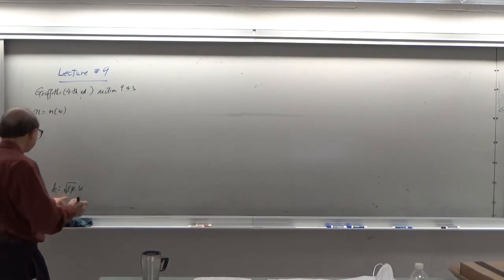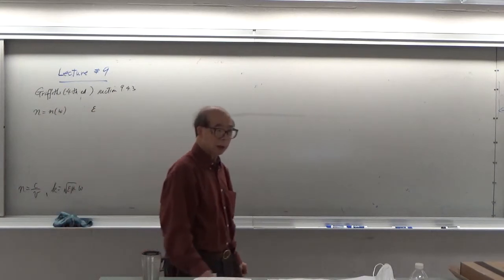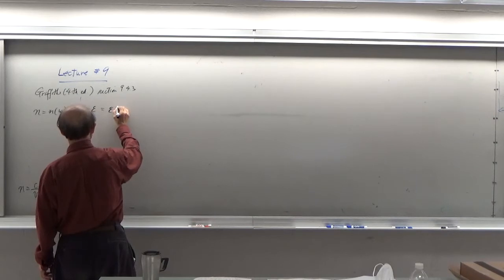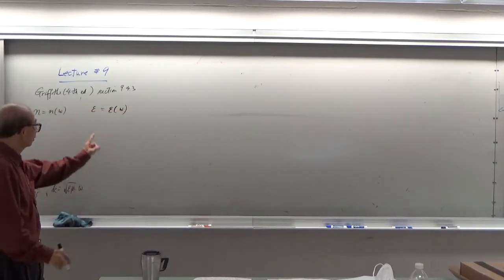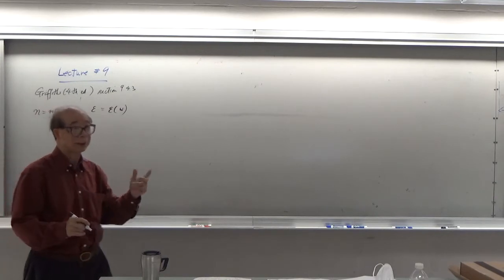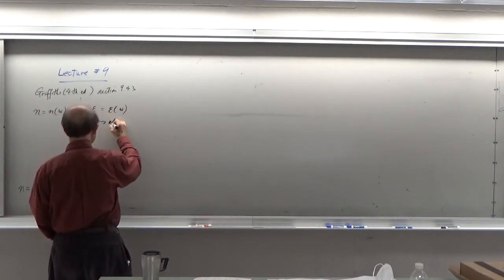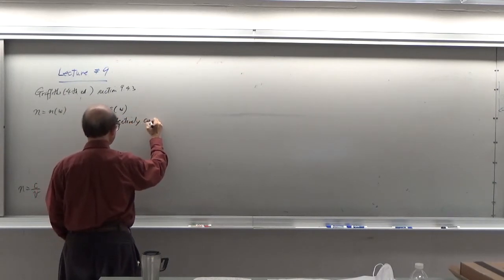In fact, we found out more. We've also found out that the permittivity is a function of omega also, as a function of frequency, knowing that, in fact, it is effectively complex.